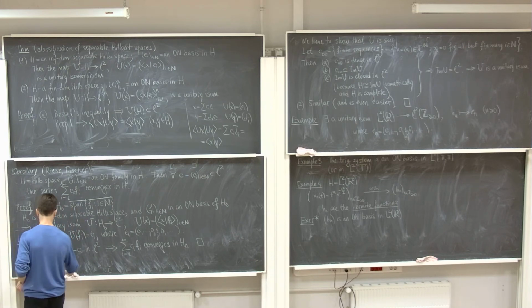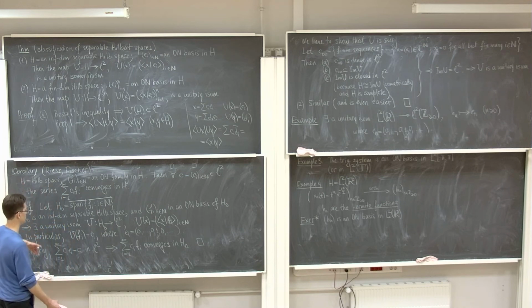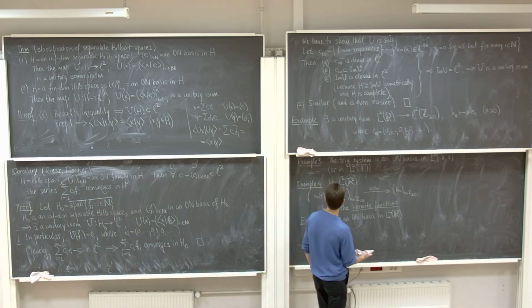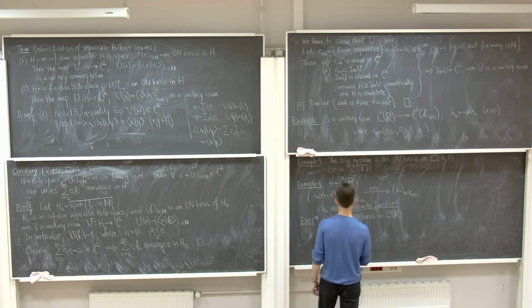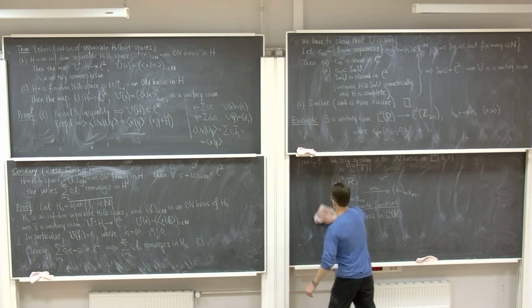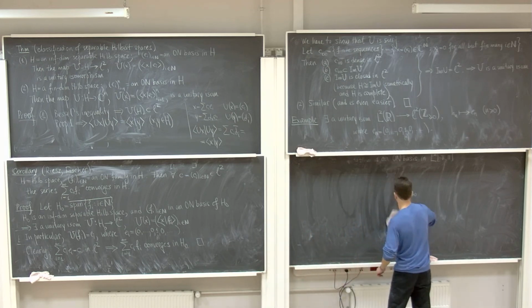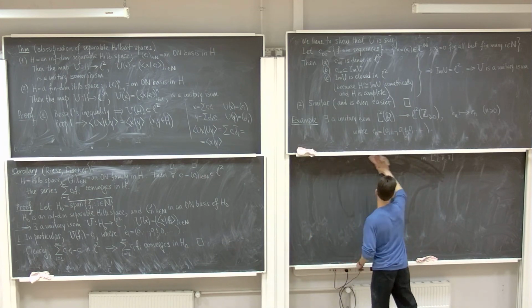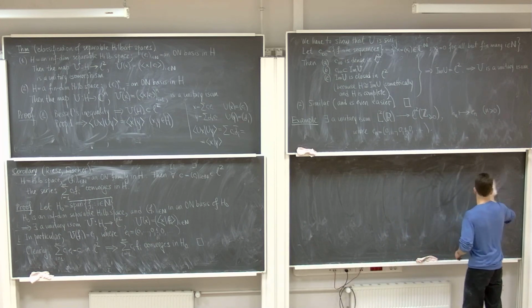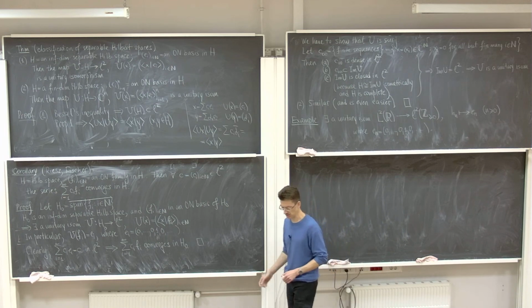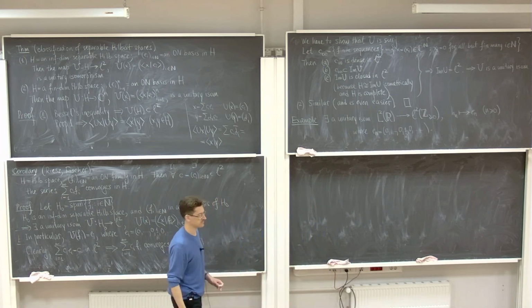So first we prove the classification theorem and then deduce the Riesz-Fischer theorem as a corollary. Okay, so that's all I wanted to tell you about structure theory of Hilbert spaces.